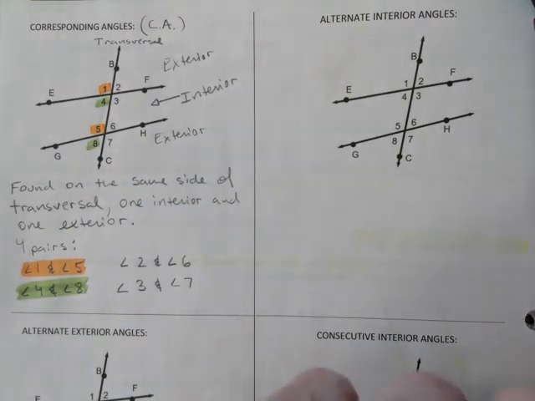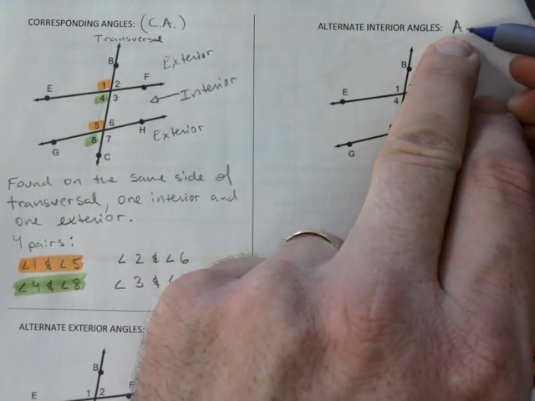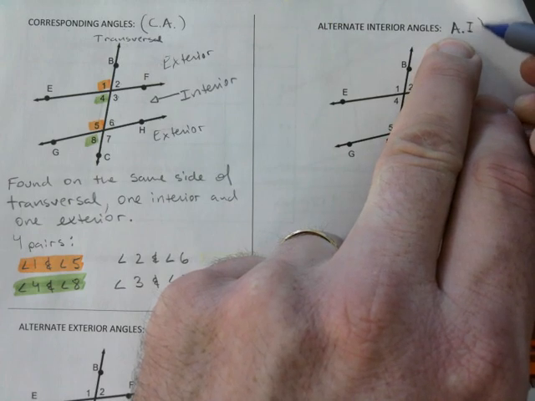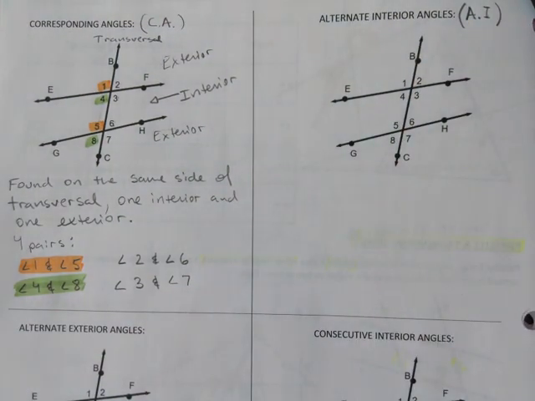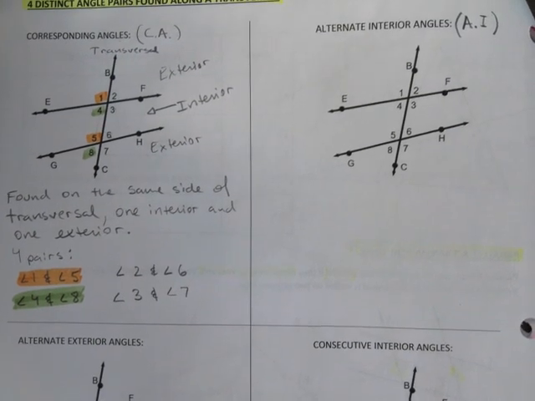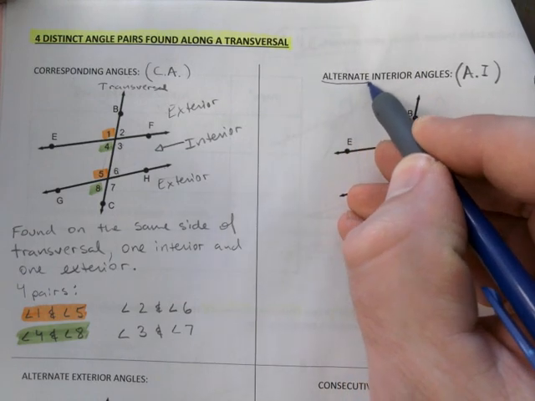Alternate interior. Those ones I call AIs, or AI. Alternate interior angles, okay? And I want you to focus in on that word alternate right here.